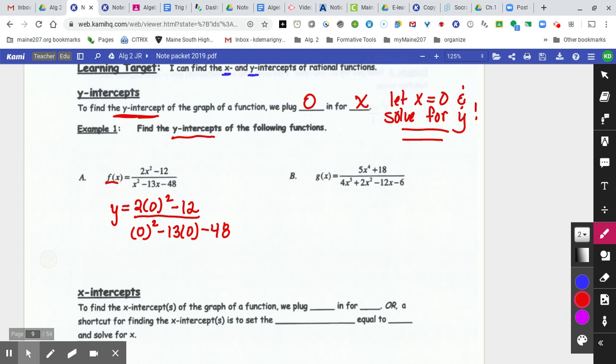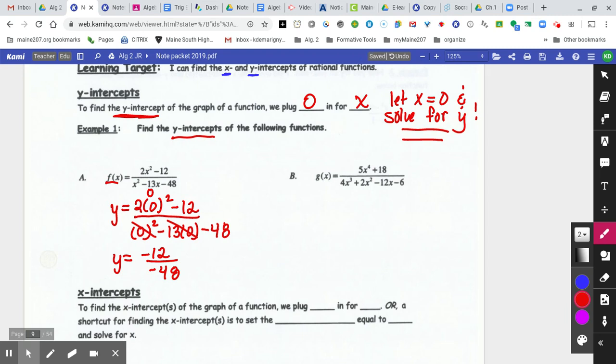Well, 0 squared times 2 is 0, minus 12. So the numerator has a negative 12 in it. And the denominator, I have 0 minus 0 minus 48, so a negative 48 in the denominator.